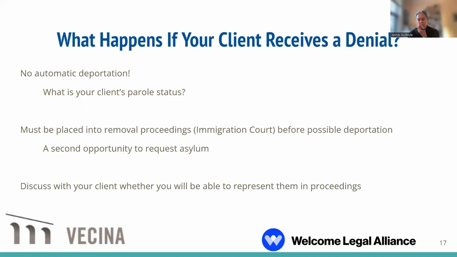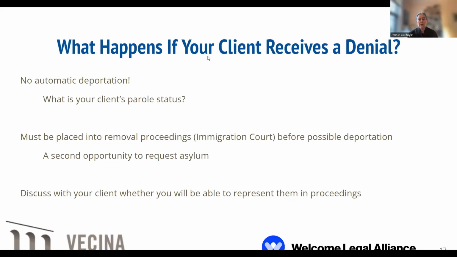And so if somebody is in a lawful status when USCIS wants to deny the affirmative asylum case, again, they issue something called a notice of intent to deny, which says, dear asylum applicant, we're planning to deny your case and here's why. And you actually get a chance to rebut that. So if your client receives a notice of intent to deny, you're going to absolutely want to respond.